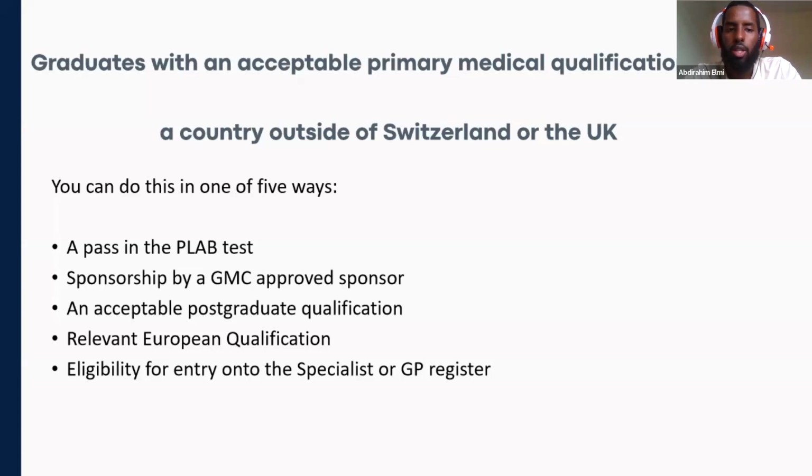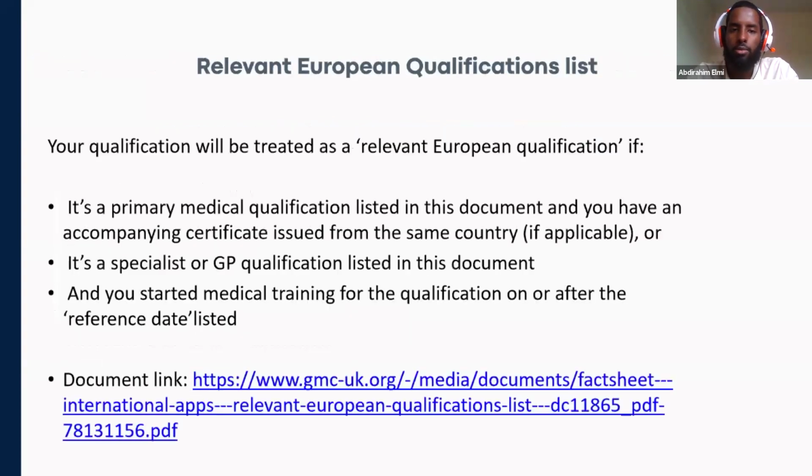Another way would be sponsorship by GMC approved sponsors. This is a way of getting in. I think it appeals mainly to people who already have a couple of years of experience working in a hospital, and obviously we also have our specialists. At the bottom, you can see the link. That's where we get the relevant European qualification list from.